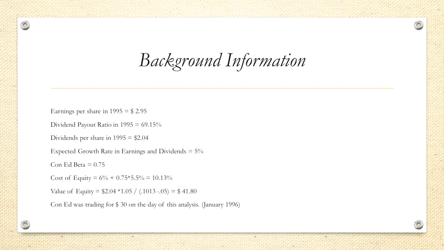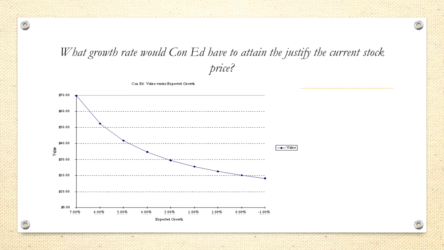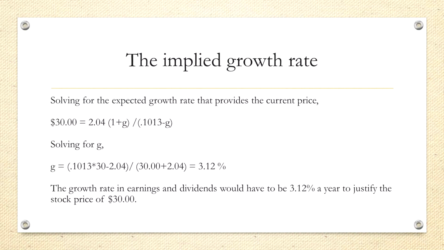So what's the growth rate that is reflecting the current stock price? Okay, we can look at this solution. We know the current stock price is $30. Then we apply the same constant growth model. Given the growth rate is unknown, we can solve for it, which is about 3.12%.